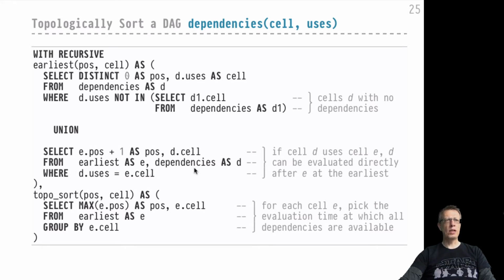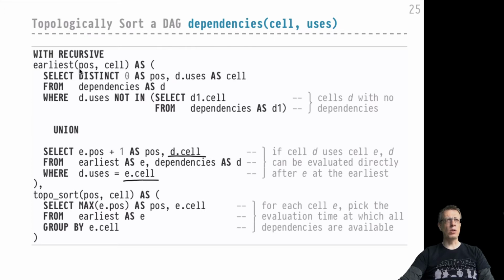So a cell D that uses another cell e.cell, which we can evaluate at time e.pos, well, this cell D has to be evaluated at a time after e.pos, and this is exactly what is expressed here. e.pos plus 1 would be a possible evaluation time for the cell D, and this is the next entry that we would record in our earliest pos cell CTE.